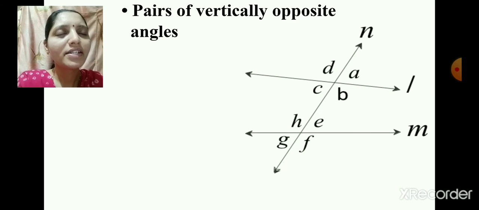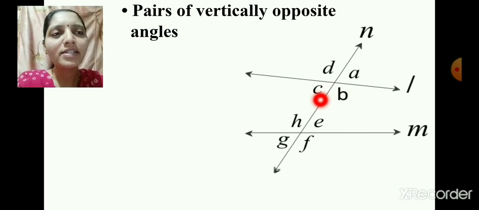Now let's try to understand the pairs of vertically opposite angles. When two lines intersect each other, which type of angles are formed? Yes, vertically opposite angles. Now how many vertically opposite angles are formed here?